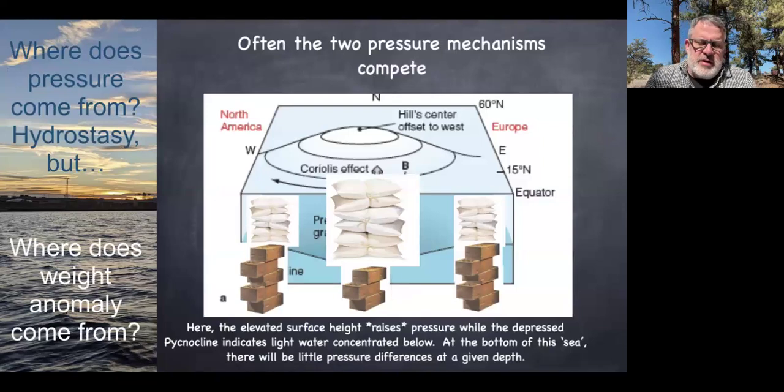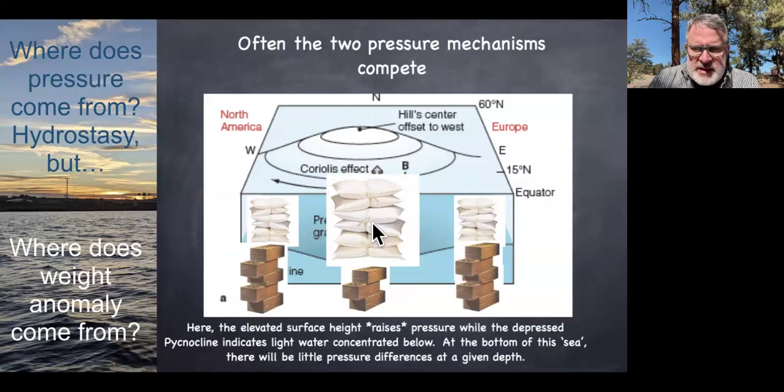Okay, so here's our pillows and bricks imaginary gyre. And so we have a sea surface height anomaly where the pressure and the sea surface height goes up. The near surface pressure goes up in the middle of the gyre because this stack of pillows starts higher up than the stack of pillows to either side. And so there is pressure throughout this.